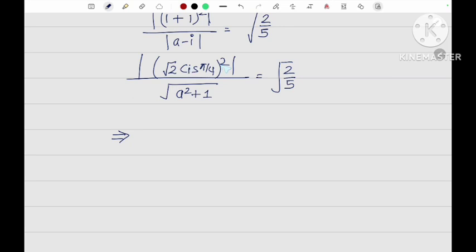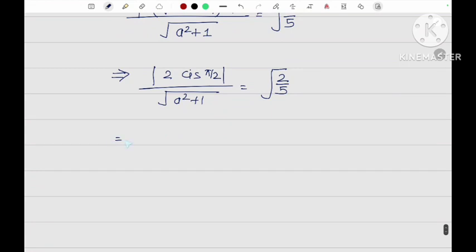Now we will apply here De Moivre's theorem. The 2 will come inside, so this will become 2 cis pi by 2, mod, divided by root of a square plus 1 is equal to root 2 by 5.